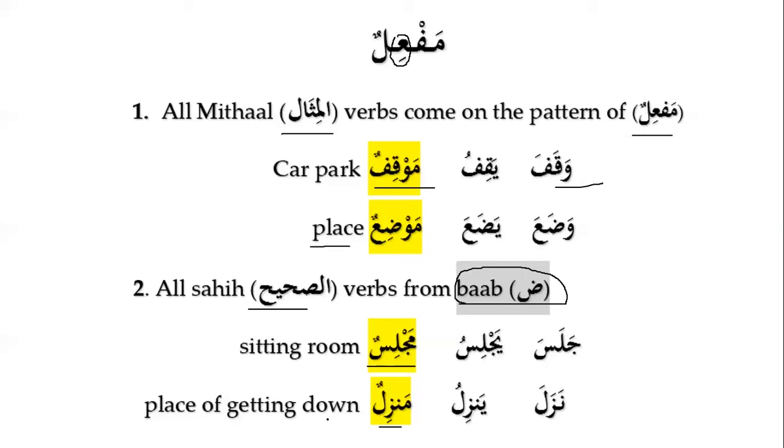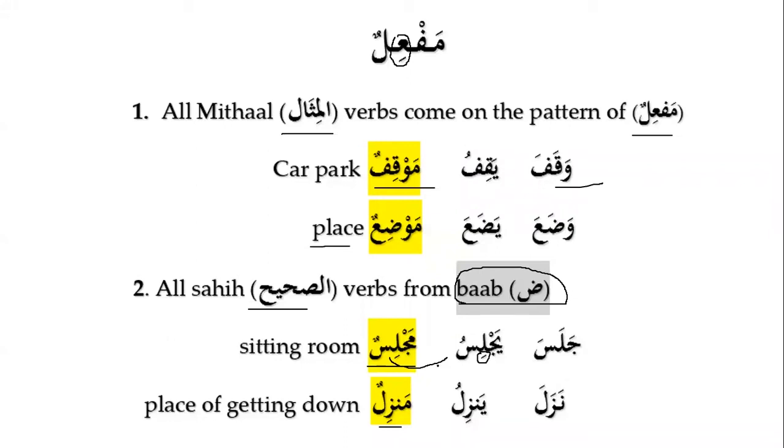So now we can see that in bab daraba, as we know, the mudari takes kasra. So this is a small hint: when we have kasra in the present tense, that means dharf will also take kasra. So either you can remember it as bab daraba yadribu, or you can go by the kasra of the mudari, and from that you can figure out and make dharf on the pattern of maf'ilun.